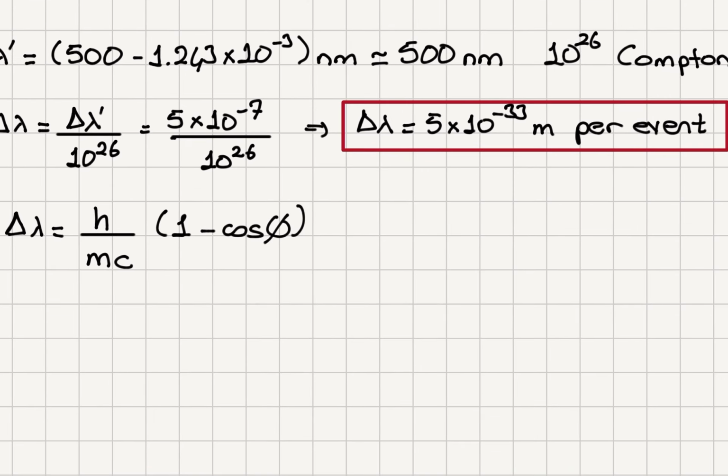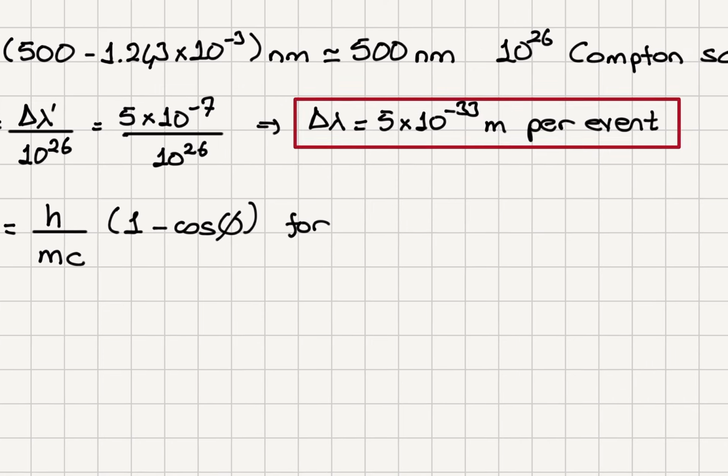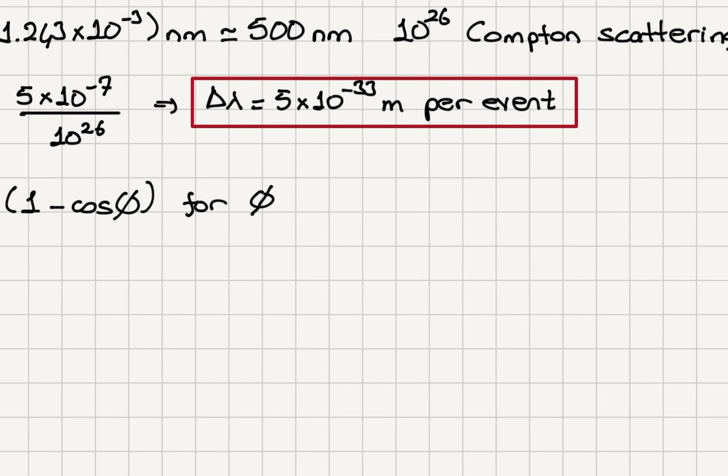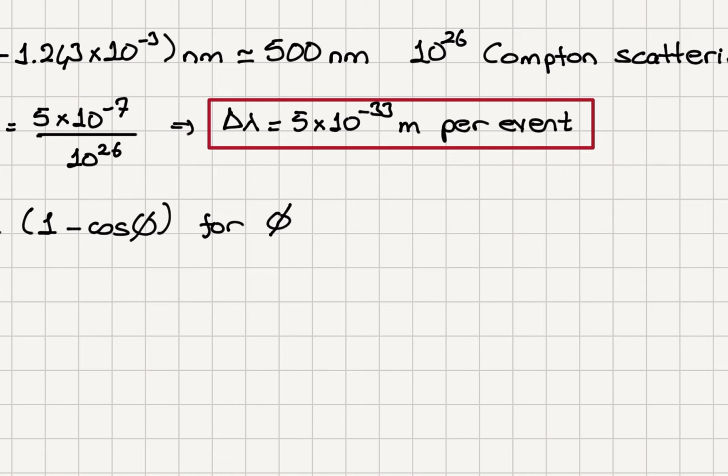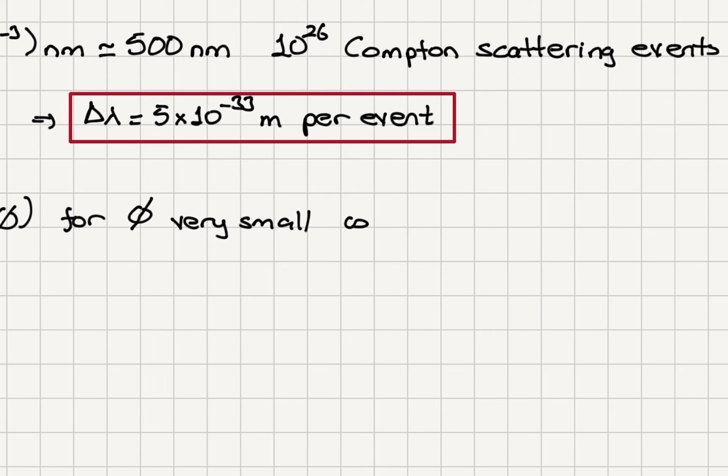And for phi very small, so this is something we have discussed in the lecture, remember. We have derived this Compton scattering formula. For phi very small, we can estimate cosine phi as 1 minus phi squared over 2.